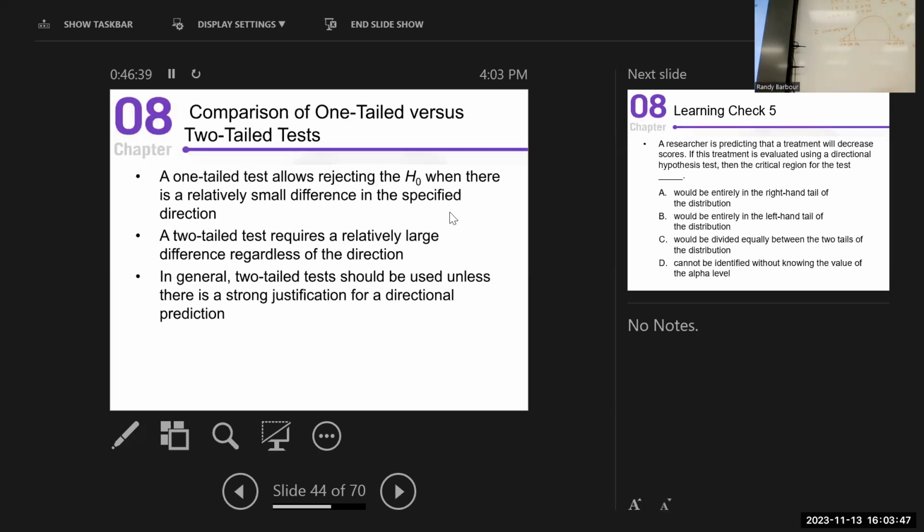Here's my point. Here's the group self-esteem lessons.